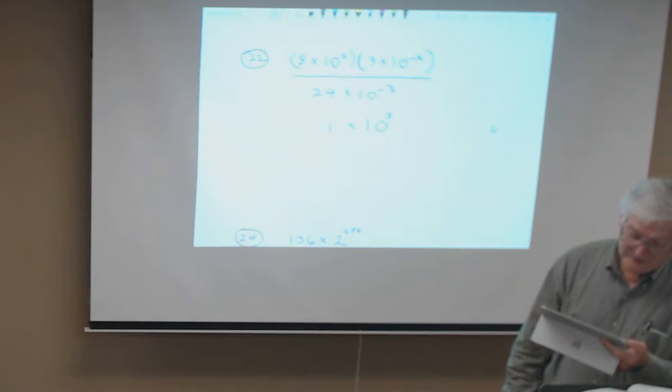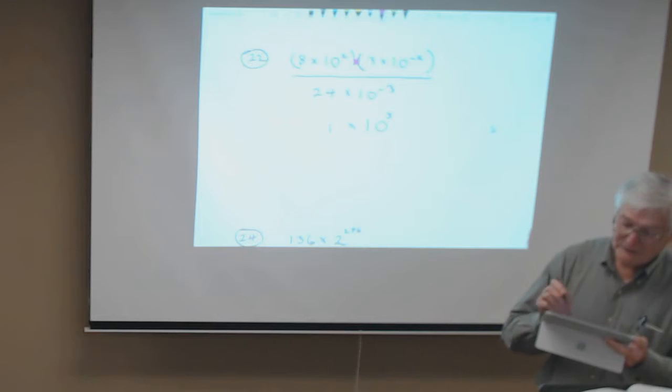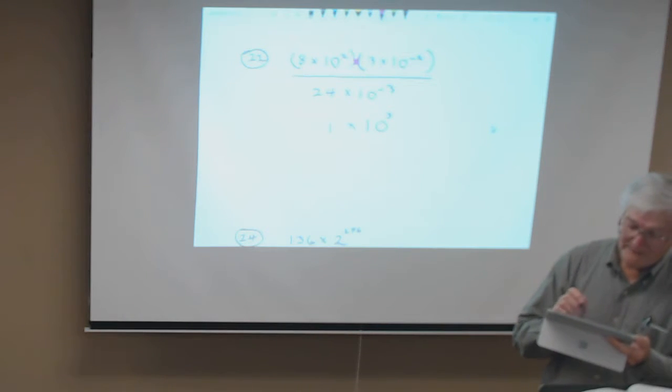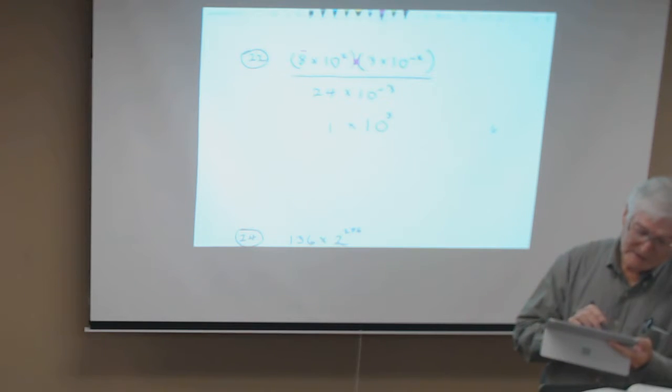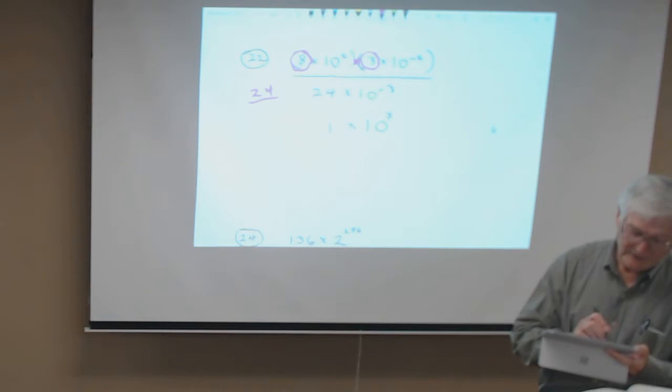Number 22 says 8 times 10 to the second times, nothing's written there, so it means times 3 times 10 to the negative 2 divided by 24 times 10 to the negative 3. What's 8 times 3? 24. And what's that divided by 24?